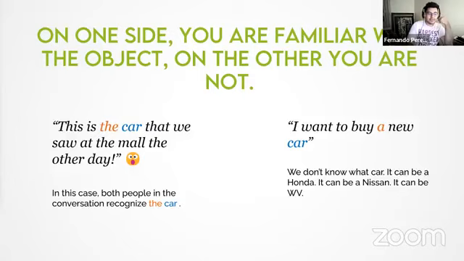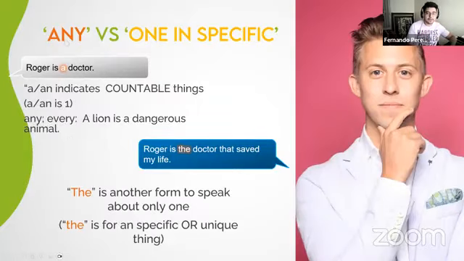Having this into consideration, we are going to go through the next part. Any versus one in a specific. When we are talking about the word or the article a, we are talking about countable things.